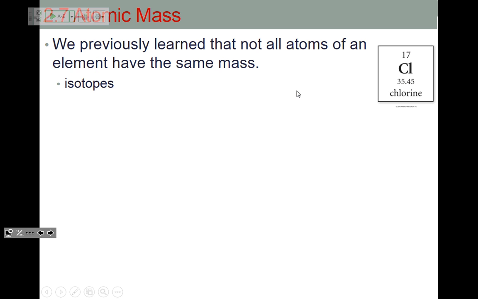Now going back to what we talked about with atomic mass, we discussed isotopes, and we discussed the fact that our mass on our periodic table is based on the average mass of all isotopes in nature. So now we're going to talk about how to calculate that. Because we should be able to calculate that if we are given some information.